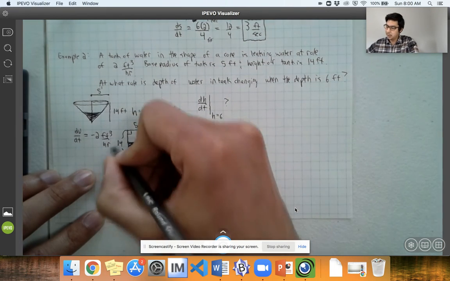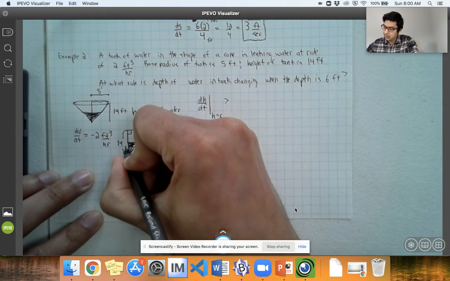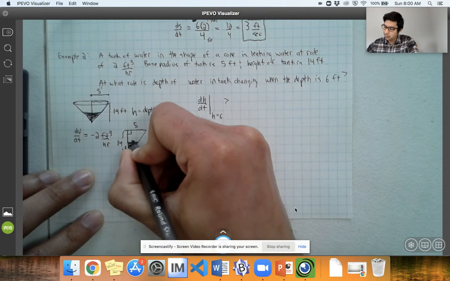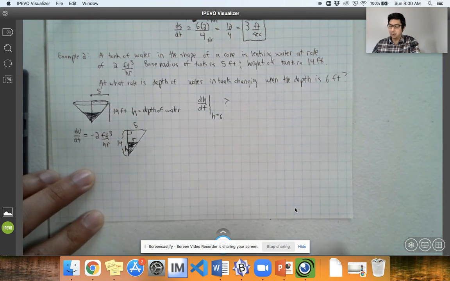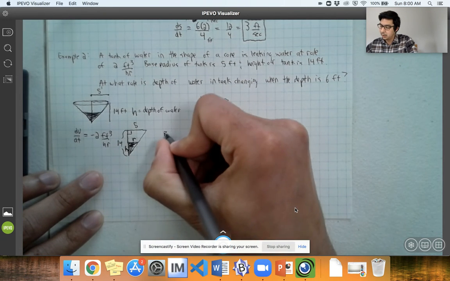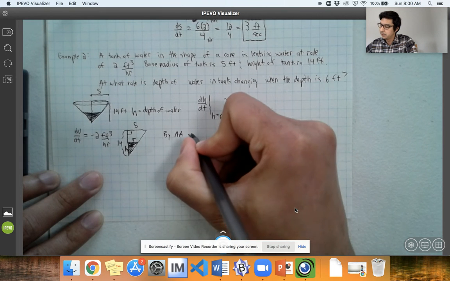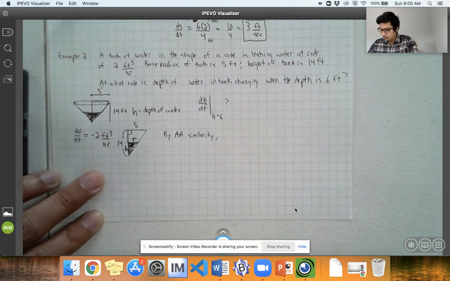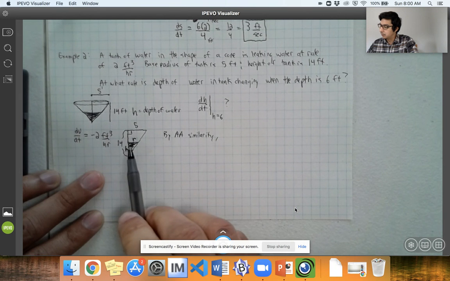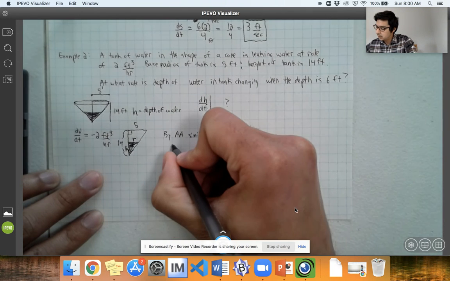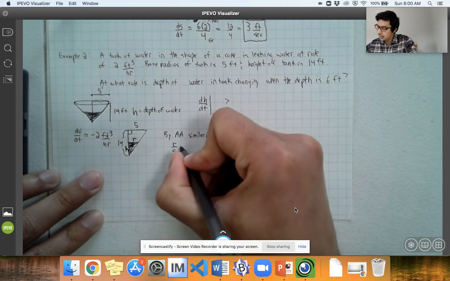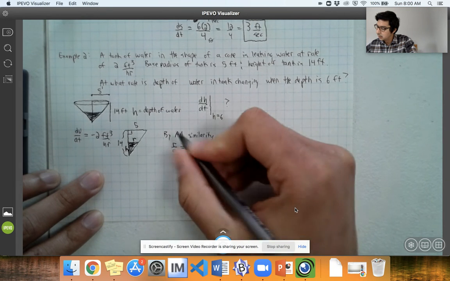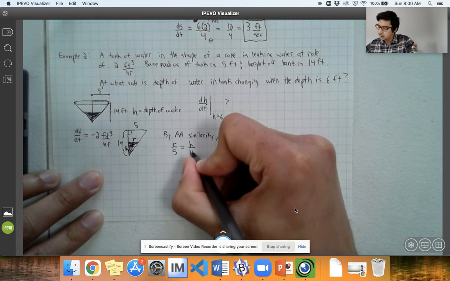If we label this as the height of the water, which we don't know, h, and this is the radius of the water, which we don't know, r, then by angle-angle similarity, we might say that r over 5 has to be related to h over 14.